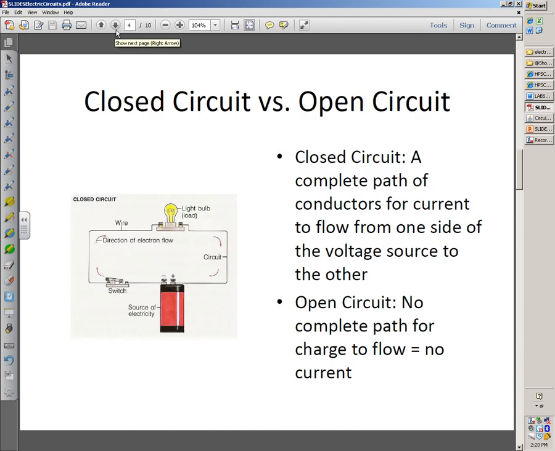Next. Closed circuit, open circuit. Okay? A closed circuit has a complete path of conductors for current to flow from one side of the voltage source to the other side of the voltage source. An open circuit has no complete path, there is no place for the charge to flow. Therefore, there is no current. So it has to have a voltage source or an energy source.